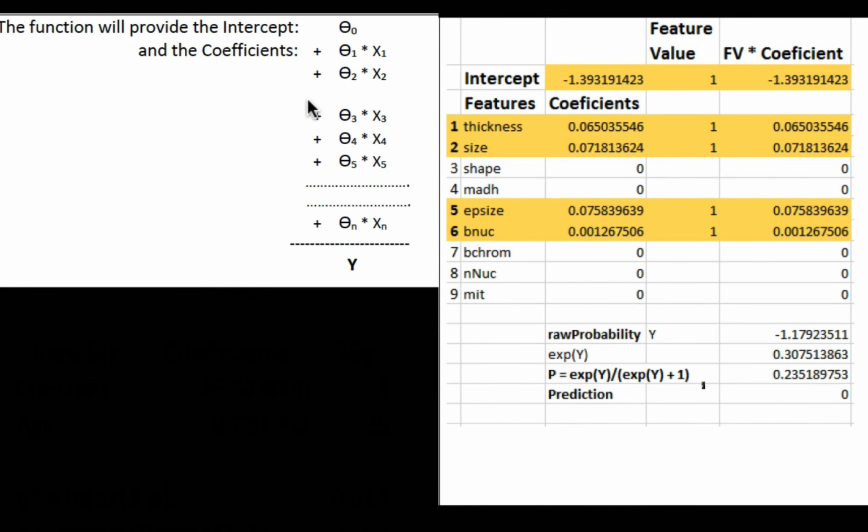Let's do the same calculations in this second example that corresponds to the values printed by the SPARK program to predict breast cancer. The program prints the intercept and the coefficients in a way that is not clear and easy to understand at first sight.